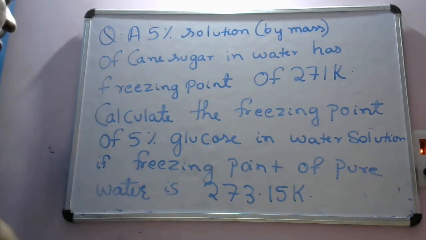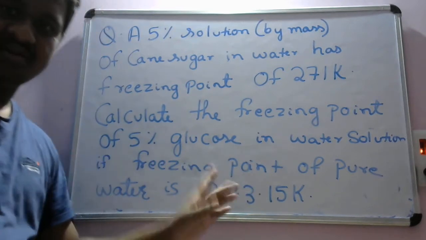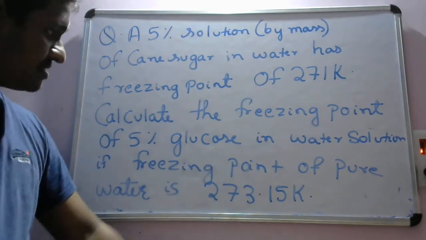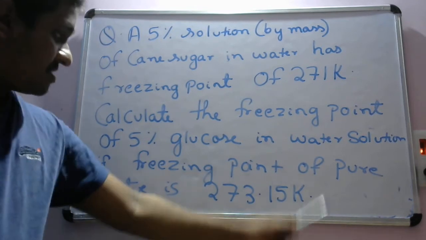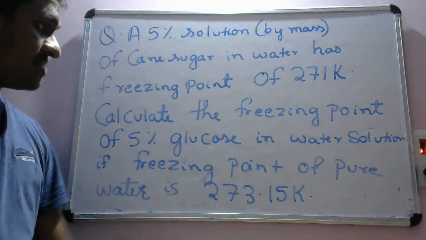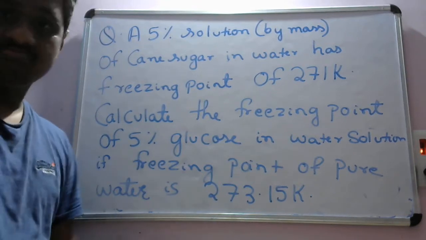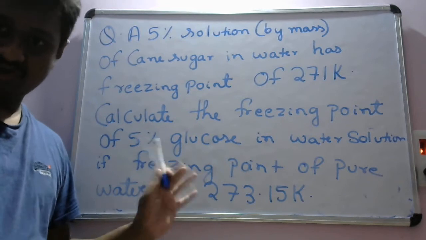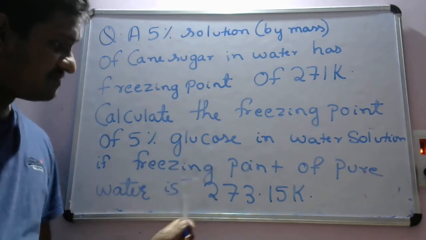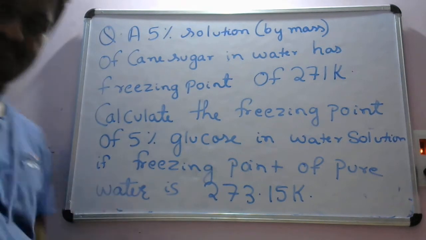Now again the freezing point of pure water is also given. Now if you observe, in both the solutions, glucose as well as cane sugar, the solvent is same, that is water, and the freezing point of pure water is mentioned to be 273.15 Kelvin.